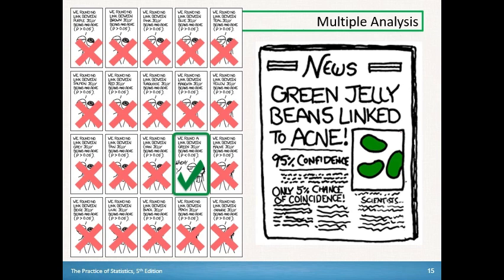That's what's really going on here. If you think green jelly beans do something for acne, then test green jelly beans. Don't just keep running tests until you find one that's statistically significant, because you will. Probability tells us that if you're doing an alpha level of 0.05, 1 in 20 tests will show some significance, even though there isn't any.